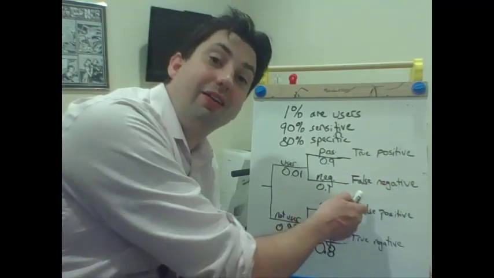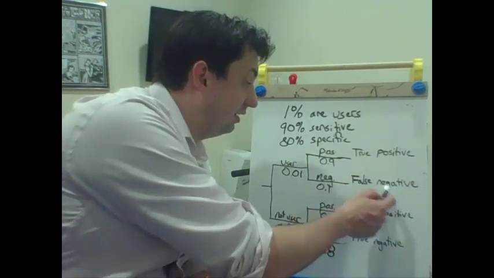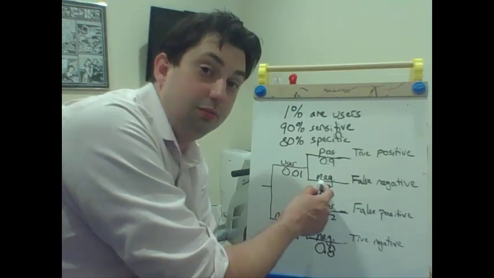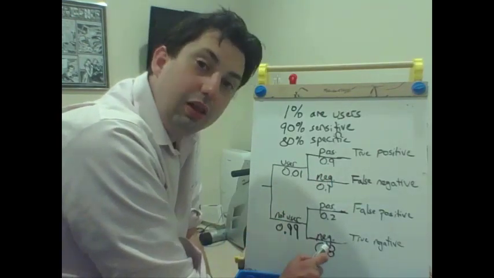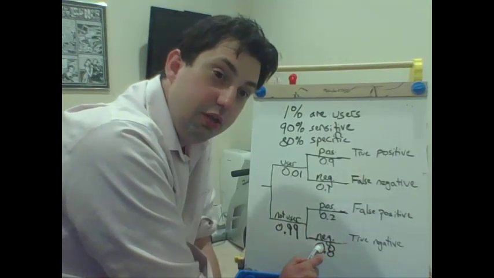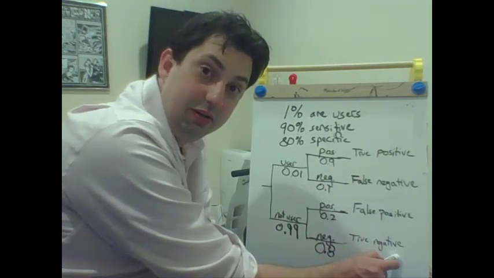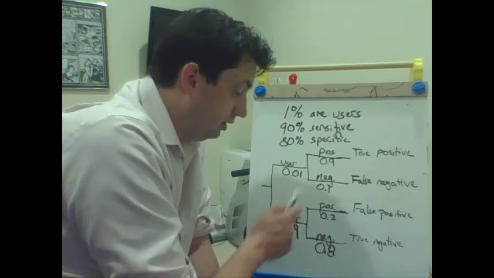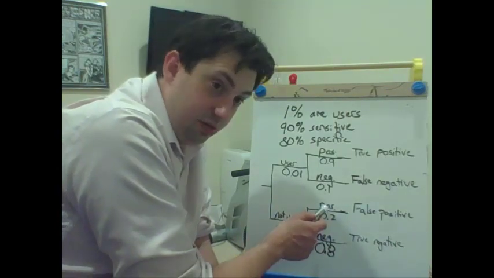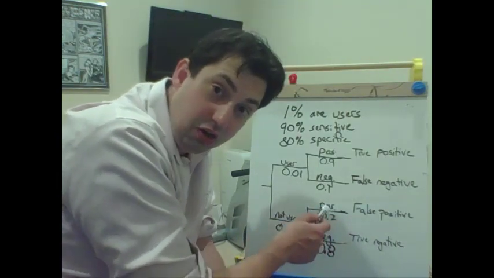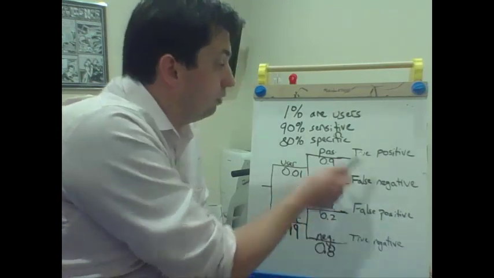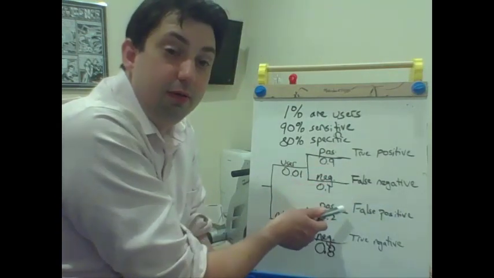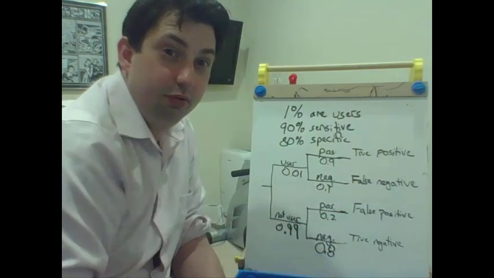It's false because it is incorrect, and it's negative because it's a negative test result. If it is not a user, and we correctly identify them as not a user, then it is a true negative. And if they are not a user, but the test incorrectly gives a positive result, then it is a false positive. So we have true positive, false negative, false positive, true negative.